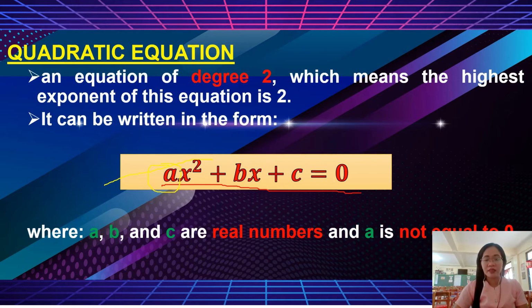So, it is not anymore a quadratic equation because a quadratic equation is an equation of degree 2. If we say degree, it is the highest exponent. So, if 0 ni siya, ang atong highest exponent is 1 na. So, dili na siya quadratic equation. So, in a quadratic equation, a should not be equal to 0.